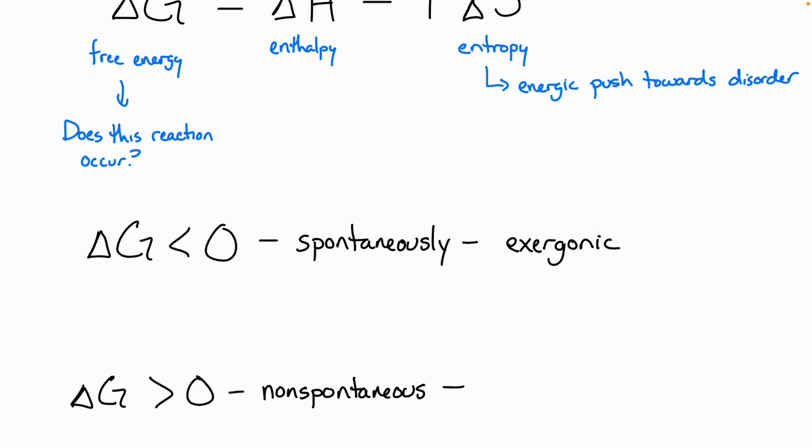Which is, again, just a fancy way of saying no reaction occurs, right? You mix this together and that together, and it's a non-spontaneous reaction, you're not going to get anything out of it. Right, and again, fancy terminology, these are called endergonic reactions.